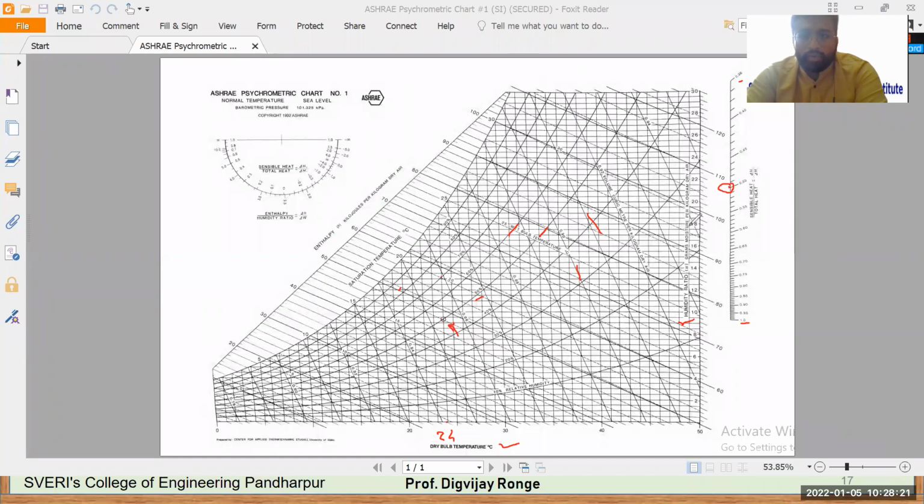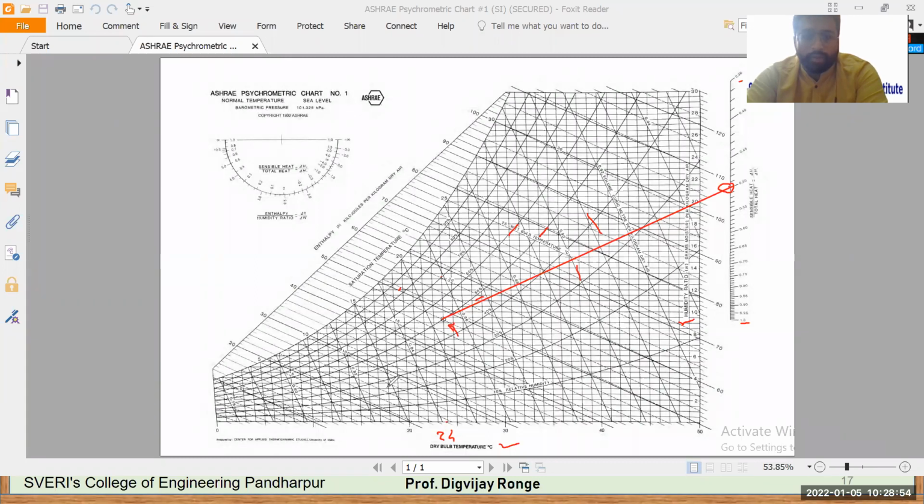Now what you have to do is connect a line first through this point and this RSHF value. So here is the line, and I will connect it. Now this is a reference line. This is not even the RSHF line. Now let us say your room condition is 20 degrees Celsius and 40% RH.